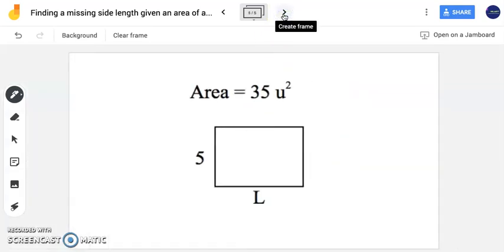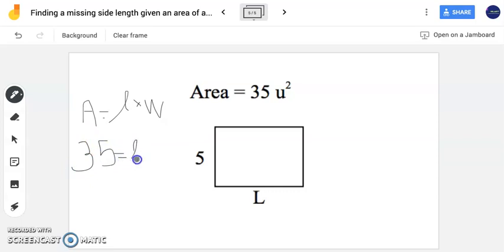Now for this next one, we have another rectangle here. This time it's saying 35 square units. And they gave us a width of 5, but we need to find our length. So again, here our area is going to equal our length times our width. So in this situation here, we have an area of 35. We don't have a length, but we have a width.